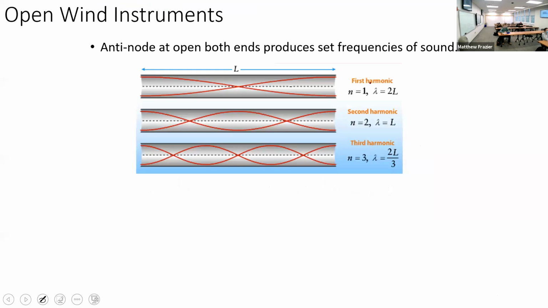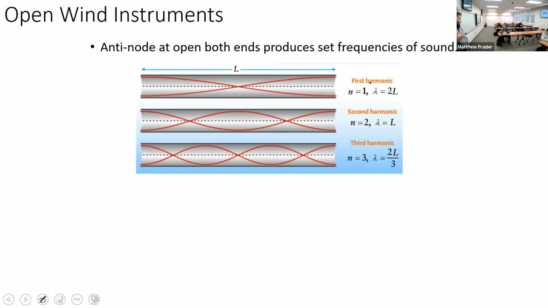Now, for sound, we've got a couple options. Usually with a string, we can't have a string that's free at both ends or free at one end. It just doesn't do that. You need tension in it, and to put tension in it, you need two fixed ends. Sound does not have that. So we've got two cases we can care about.